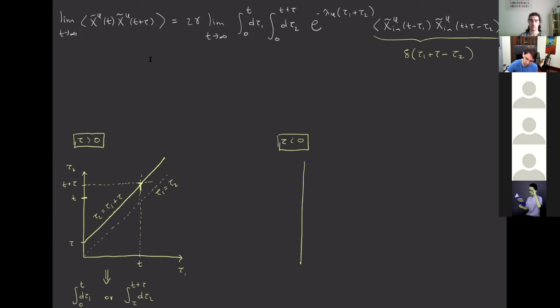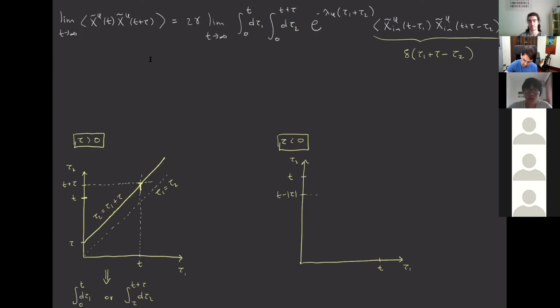So if we do it carefully, we have the same setting. So this goes to t, this is tau1, this is tau2, and it goes to t, and then we have here t minus absolute value of tau, because tau is negative now. And now the integration domain is this one in here. Okay?